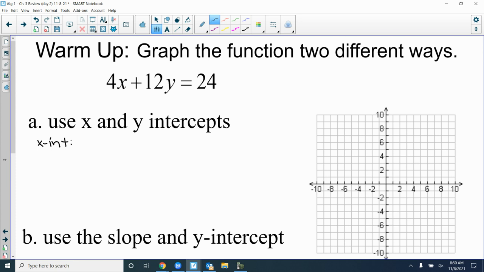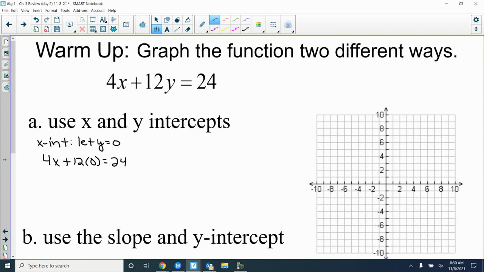Jeff, do you remember how to find the x-intercept? Sort of. What's your sort of answer? Do you make 12 0? You're kind of right. That would get you there, but you're technically letting y equal 0. Then you divide 24 by 4.